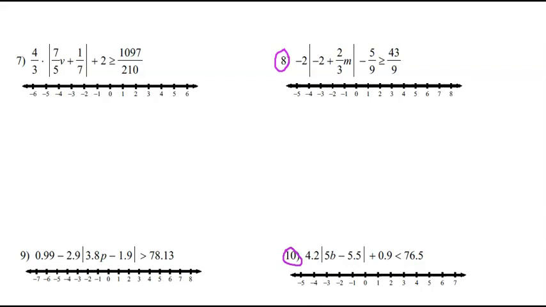First thing we want to do is isolate the absolute value. We could do that by adding 5/9 to each side. They both have a common denominator, so we could just add those straight across. So I have 48 over 9.